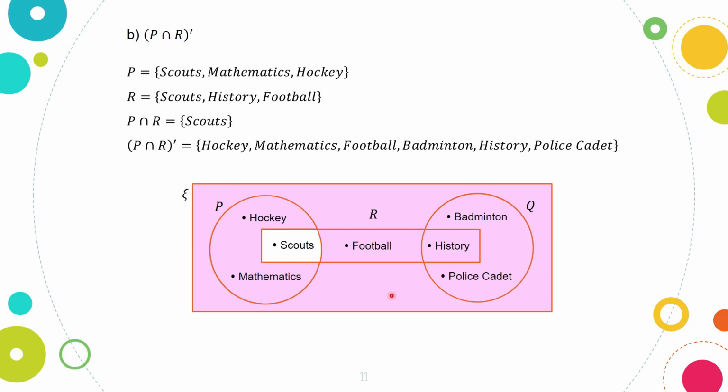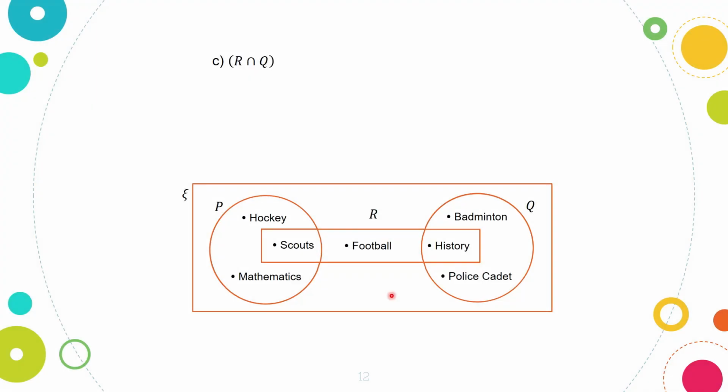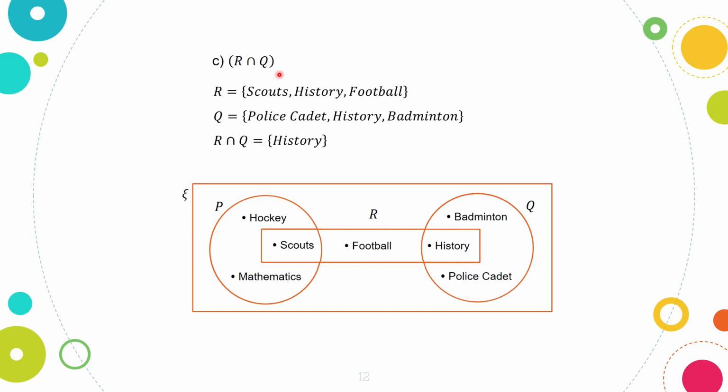Next, R intersect Q. Okay, now we list down the set R and set Q. Now we determine the common element from both sets, so we can find out that the same element is history.